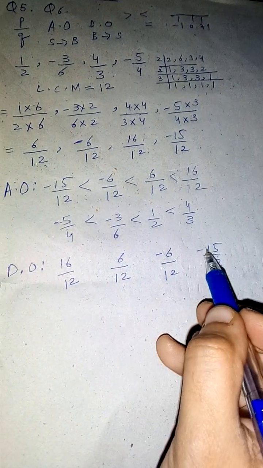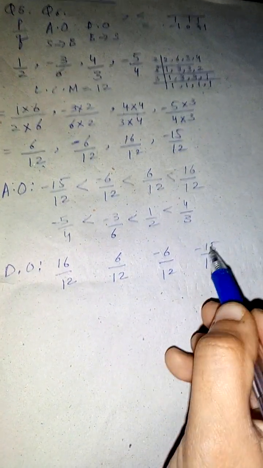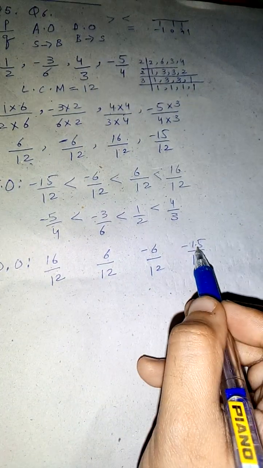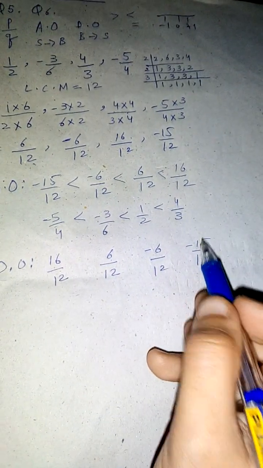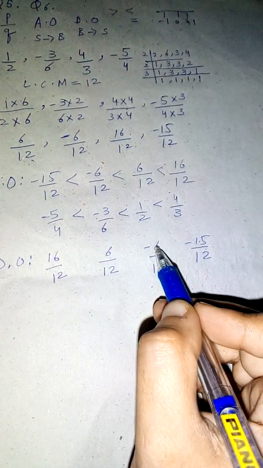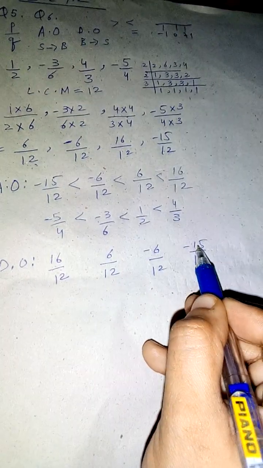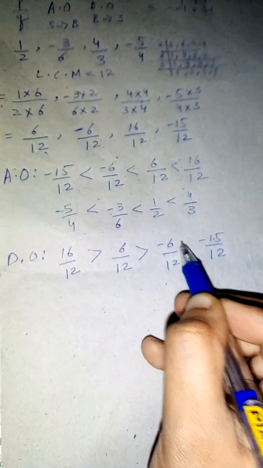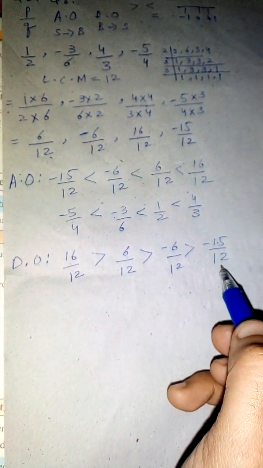In negative values, the bigger one becomes the smaller one, and the smaller becomes the bigger one. So minus 6 is bigger than minus 15. For descending order, we always put the greater than sign, and then you can write the original values under these values.